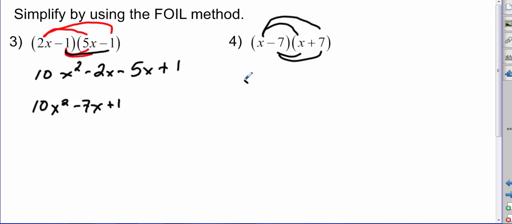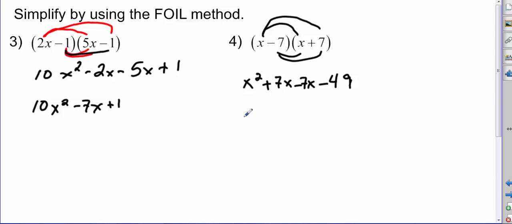So we end up with an x squared. And then we do our outer, we get a 7x. When we do the inner, we get a negative 7x. And then we end up with a negative 49 at the end there. Notice something that's going to happen here when we combine like terms.